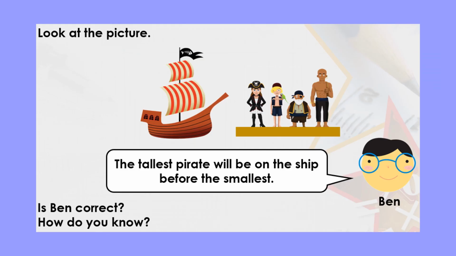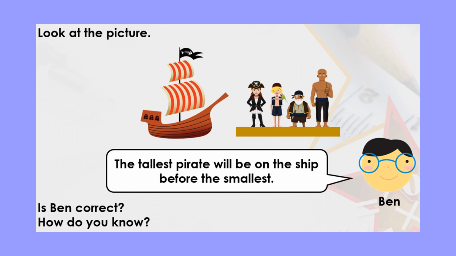Finally, look at this picture. It shows a pirate ship and it shows some pirates ready to get on board the ship. Ben is saying the tallest pirate will be on the ship before the smallest. Is Ben correct? And how do you know? Well, Ben is not correct.